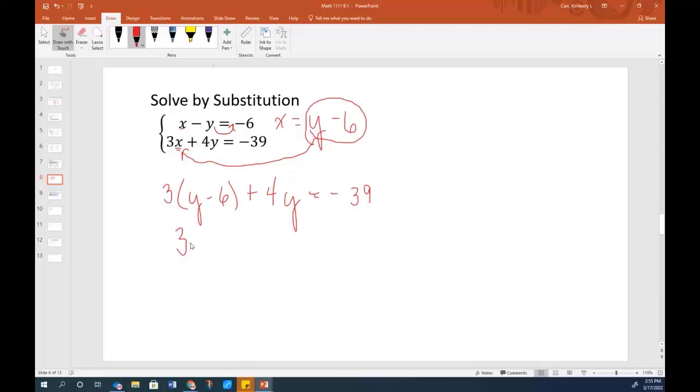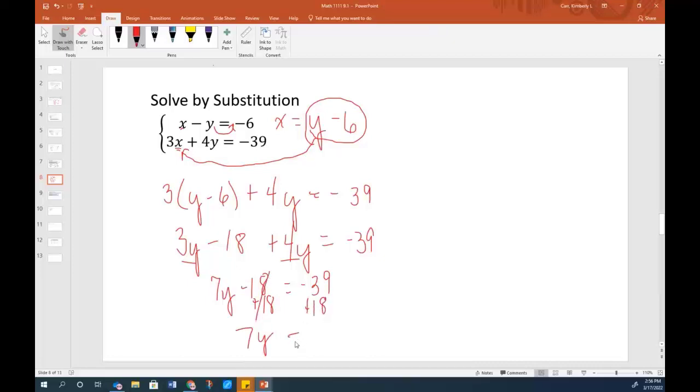So you just got to be careful. We have 3y minus 18 plus 4y equals -39. I have like terms here to combine, so that is 7y minus 18 equals -39. I need to add the 18 to both sides. So then I have 7y equals -21.